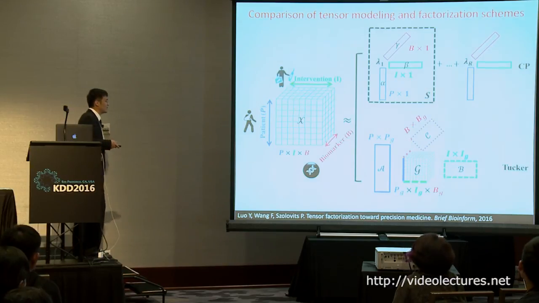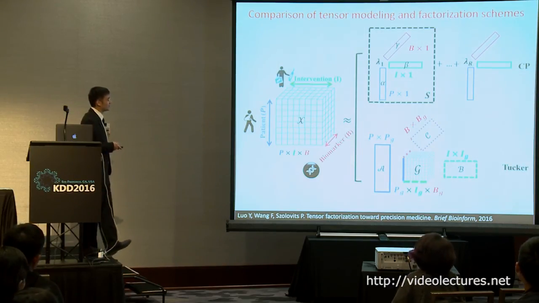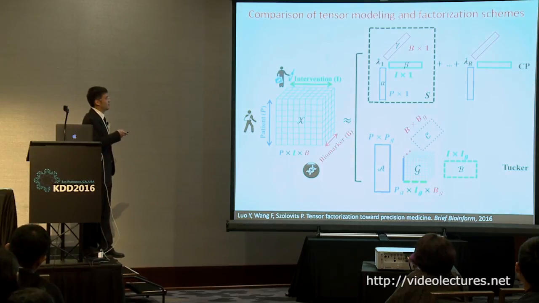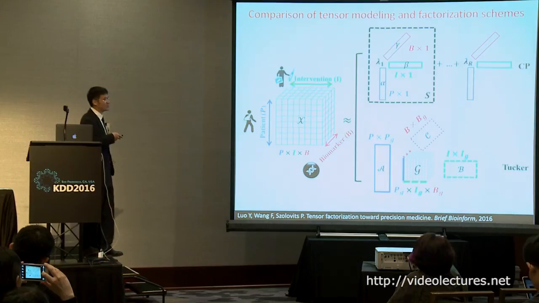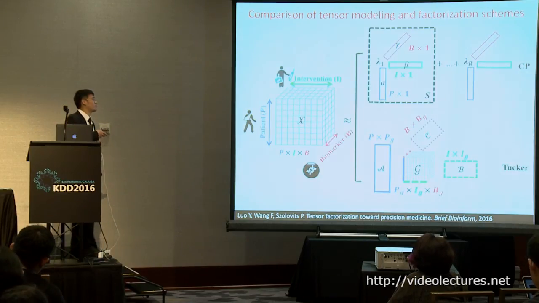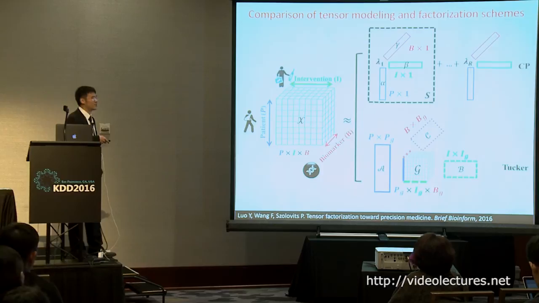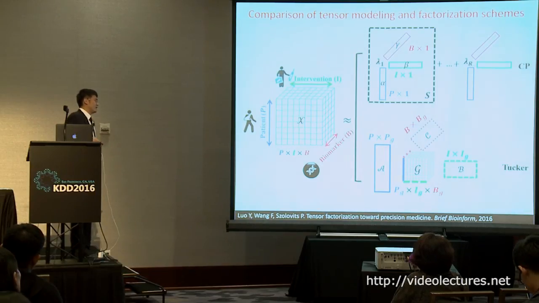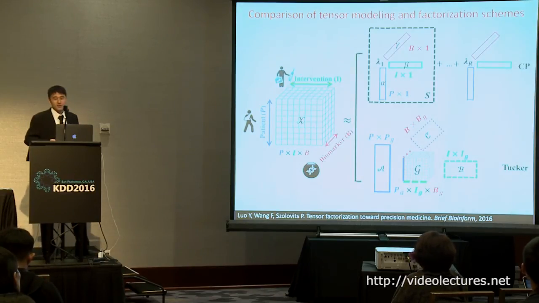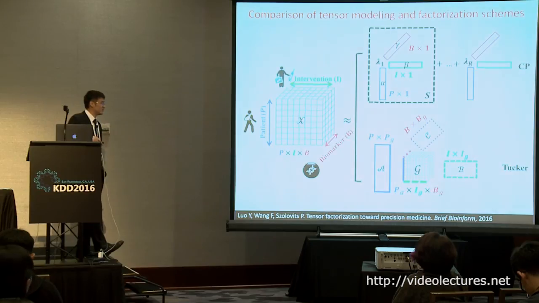And for Tucker, I don't think it's very easy to explain, but the benefit is that it's pretty easy to set up the groups, because it factorizes the tensor into different one-mode tensors. With CP, each dimension should have the same number of groups, so they will have 10 different groups of interventions, 10 different groups of patients, and 10 different biomarkers, etc. But with Tucker, we can assign, for example, that I want to factorize 3 patient groups and 4 intervention groups and some number of other groups, so it's flexible to assign a different number of groups to each domain.